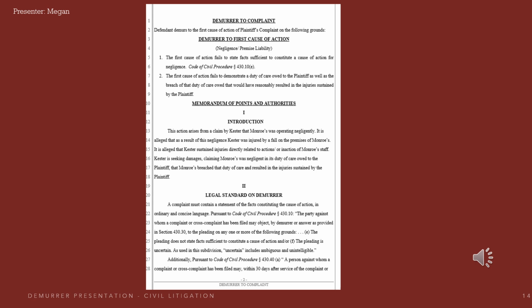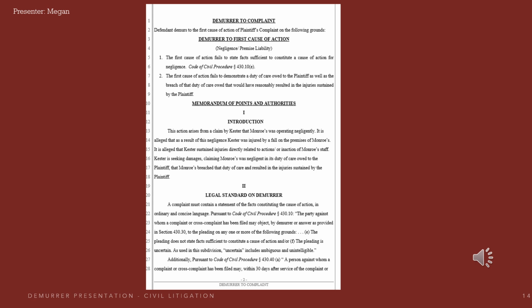As we know, to prove a negligence claim, one must prove 4 elements: duty, breach, causation, and damages, fully and completely in order to successfully file a negligence complaint. In a typical demurrer for this situation, it might be more prudent to demur to all causes of action rather than just one.